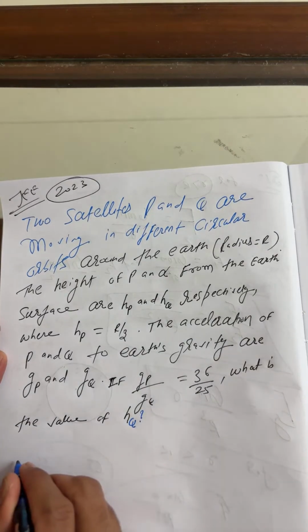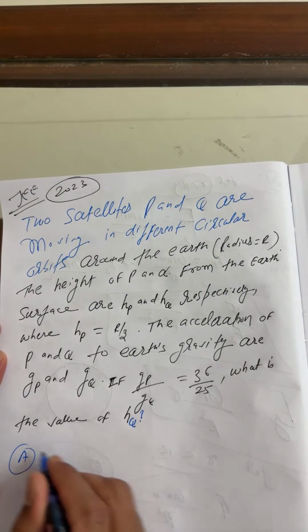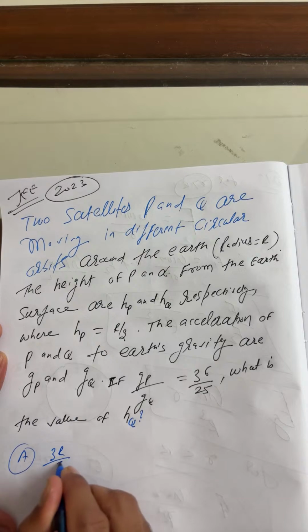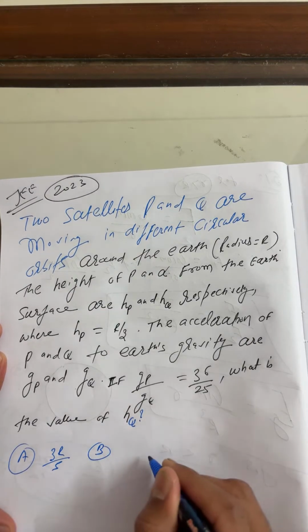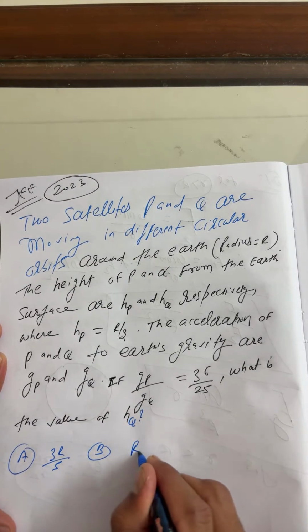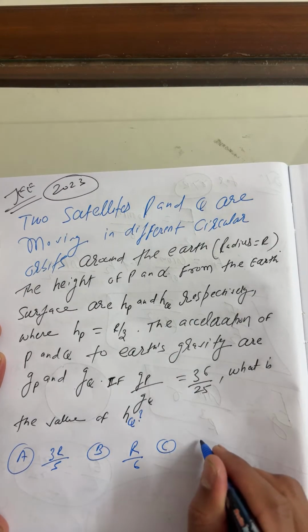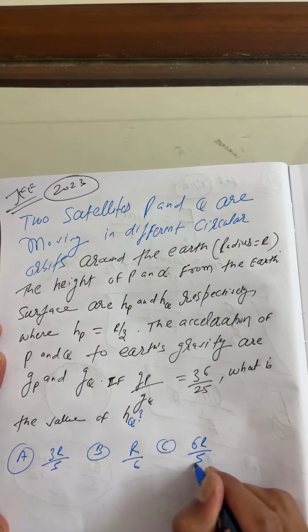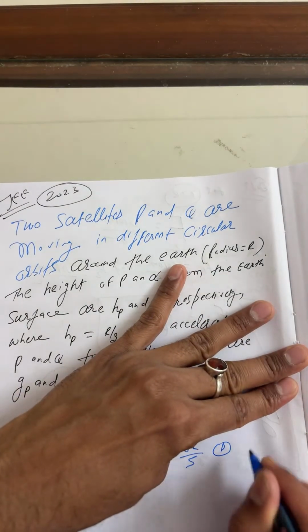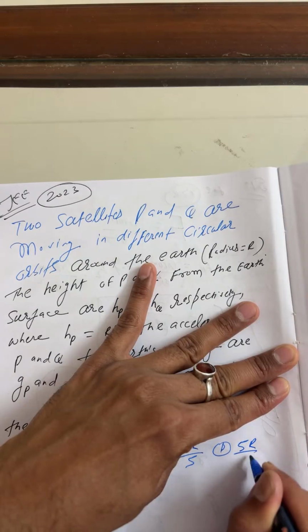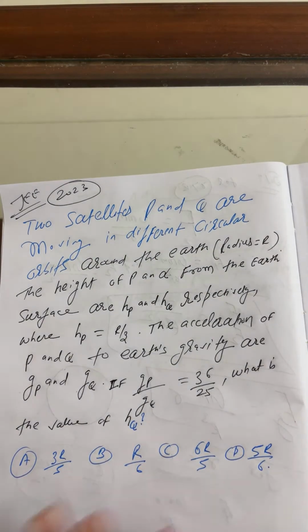Right. So the options are: 3R by 5, R by 6, 6R by 5, 5R by 6. So have a look, students.